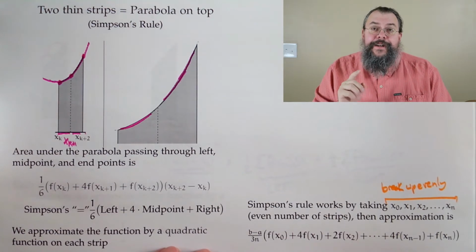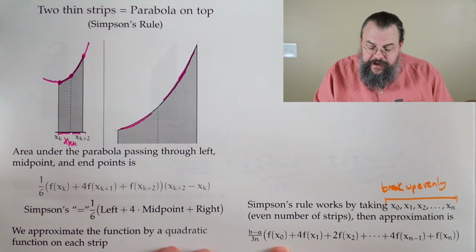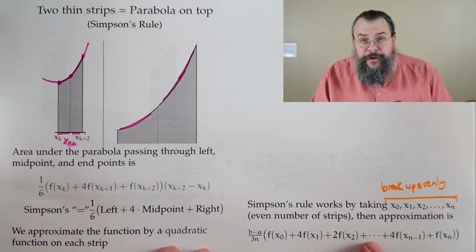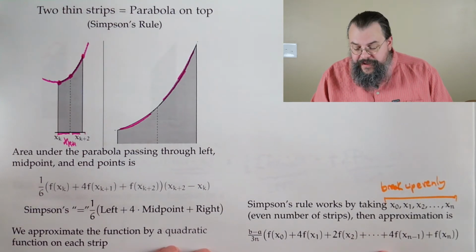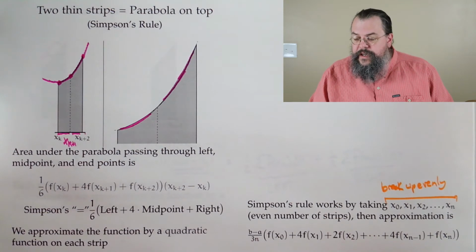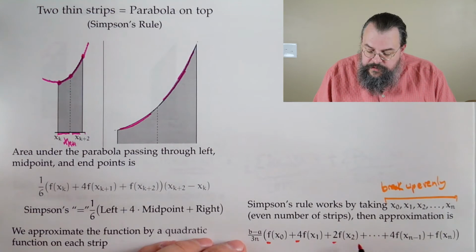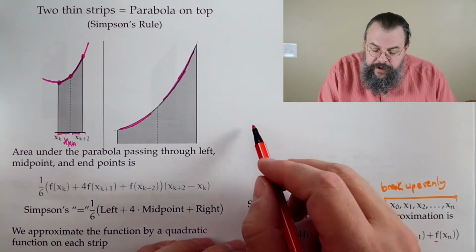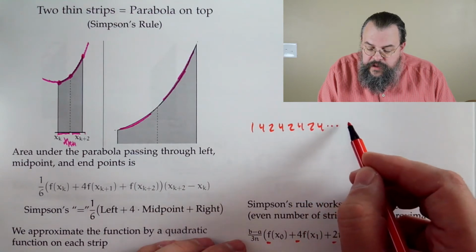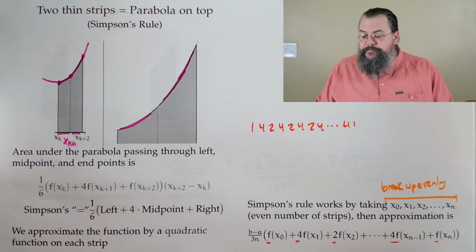All right. Now, how does it work? Well, it says f of x0 plus 4 f of x1 plus 2 f of x2. The next one would be 4 f of x3, 2 f of x4, so forth and so on to the end. In other words, the coefficients have the pattern 1, 4, 2, 4, 2, 4, 2, 4, and it'll end with 4, 1. Where is that pattern coming from?